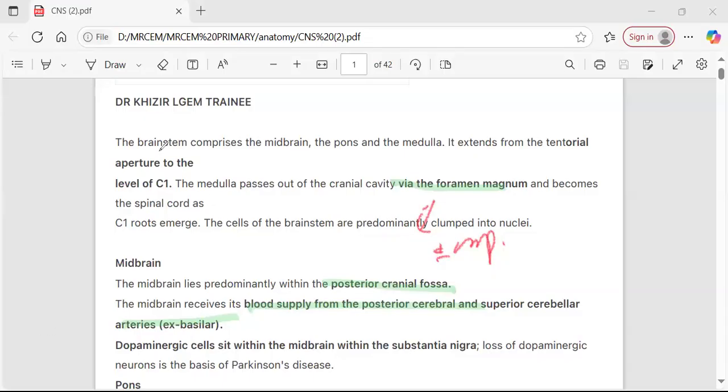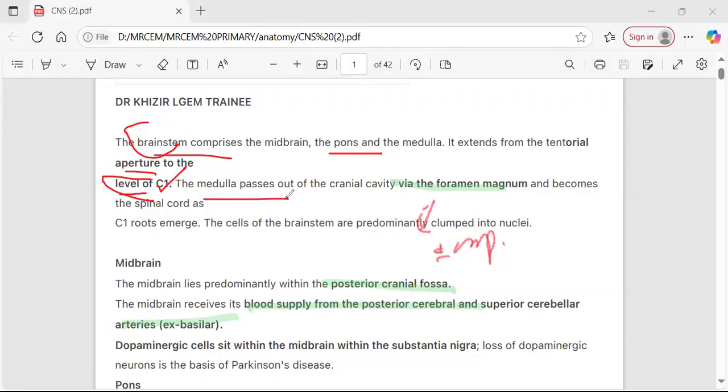First of all, it's the brainstem that comprises the midbrain, pons, and medulla. It starts from the level of the tentorial aperture to the level of C1. That's important for the brainstem: where it starts and where it ends.